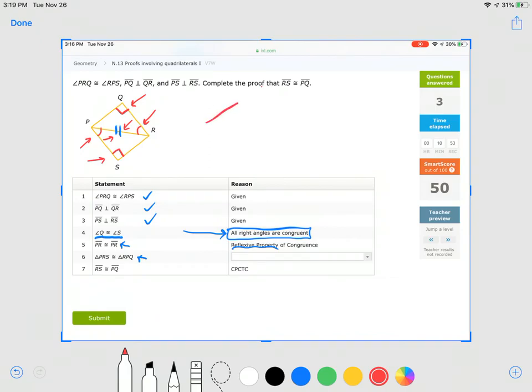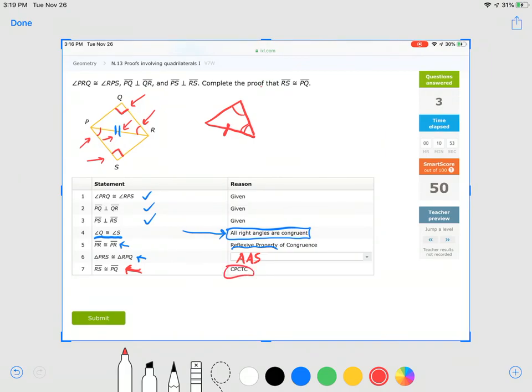If we just focus in on one of these triangles, it looks like this angle and this side. It's angle, angle, side. And then the last step is already given to us: that the opposite sides are congruent, and that's because of CPCTC. So let's plug in AAS.